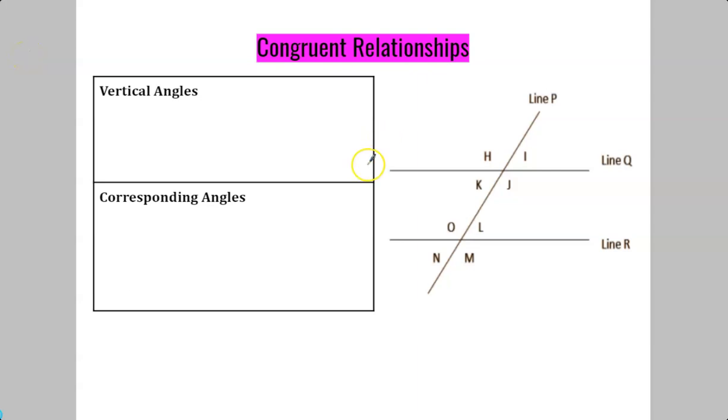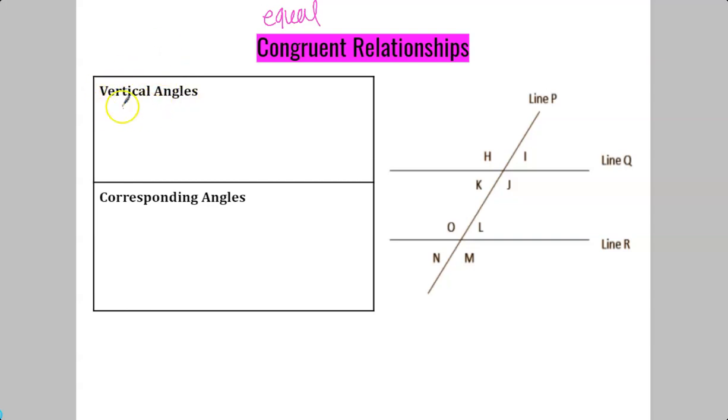All right, the first type of relationships we're going to look at are relationships that are congruent. And of course, we need to remember that the word congruent means that they are equal. So we're going to be looking at vertical angles.